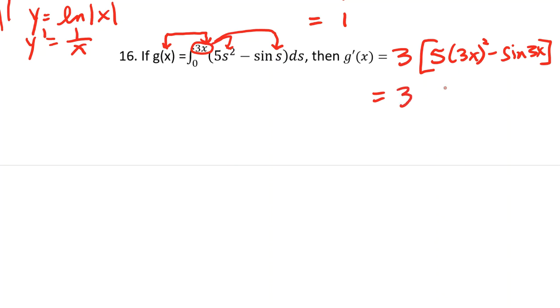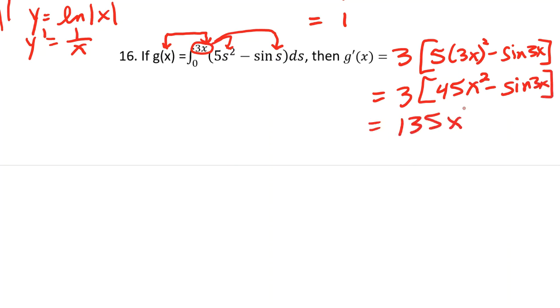So I think we should write this a little bit nicer. How about 3 times 45x squared? And should we distribute the 3? It's up to you. No harm here distributing that 3. And I think we're done.